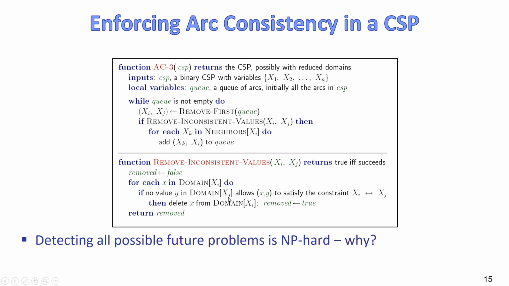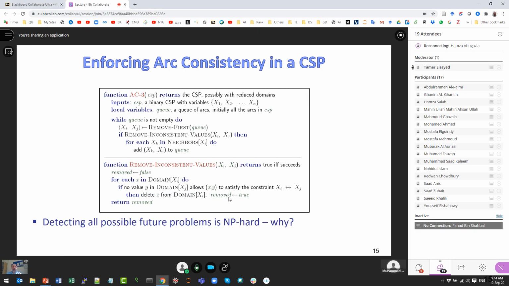Exactly, checking all the values here with all the values there, so that for every value in the tail, we check all the values in the head to see if there is any that is consistent with it. Okay, is that clear now? Okay, any other questions?